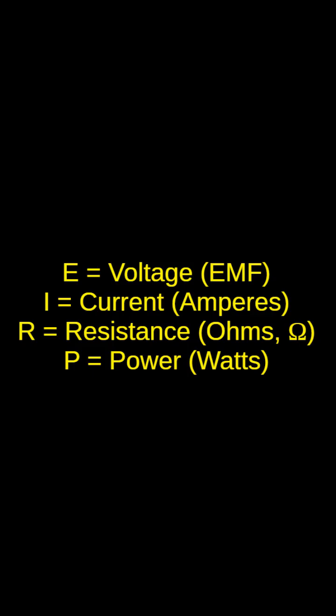R1 is resistance or resistor 1. The same rule will apply if using more than one resistor. RT is resistance total, PT is power total, PR1 is power across R1. The same rule applies if you use more than one resistor.